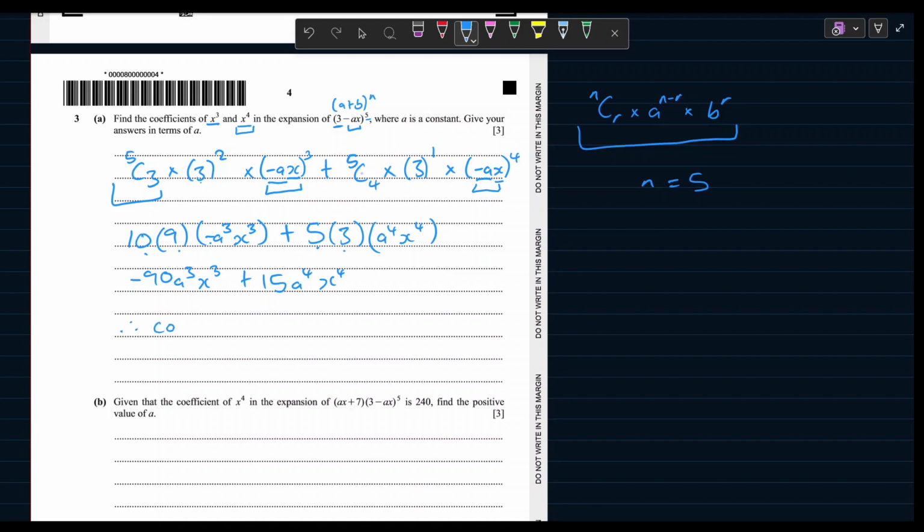Therefore, the coefficient of x cubed is negative 90a cubed. They did ask for it in terms of a, so you don't have to evaluate a. And then the coefficient of x to the 4 is 15a to the 4. And that would be our final answer.